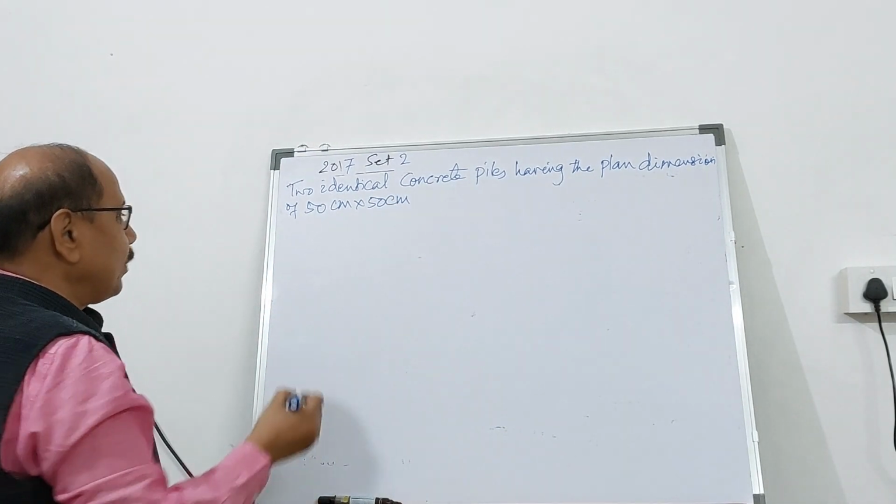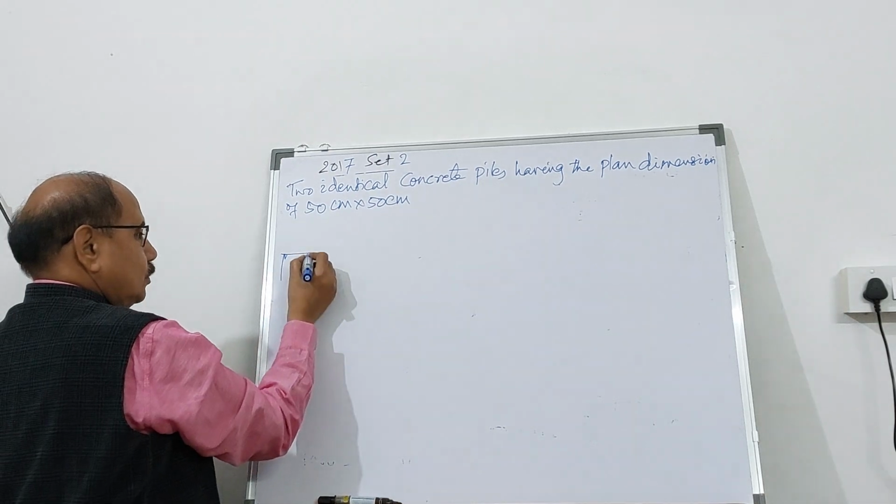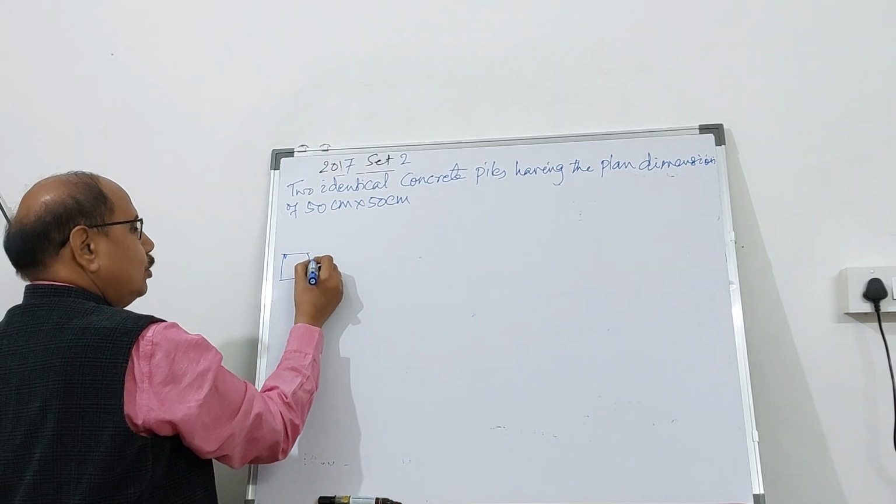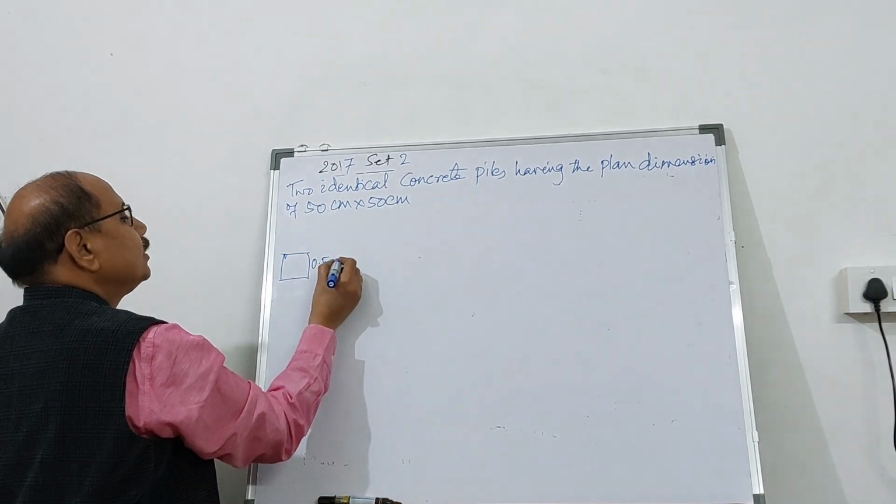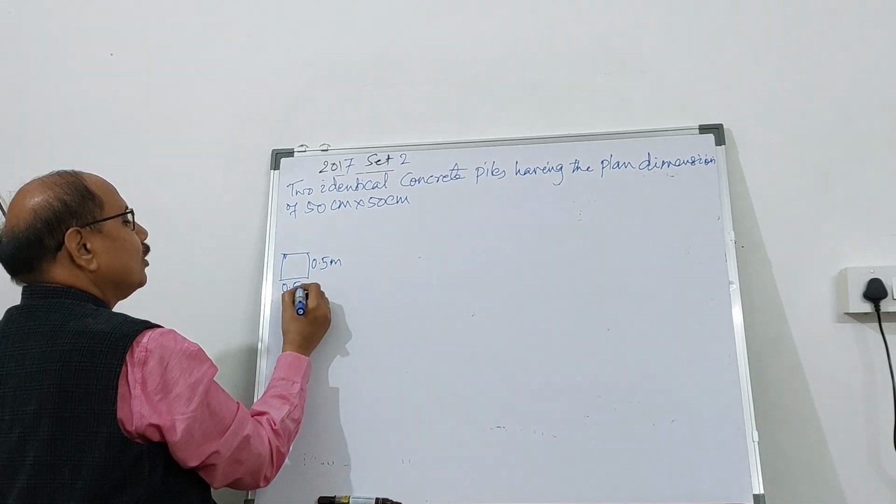So it is a square pile. This is also 0.5 meter. This is also 0.5.